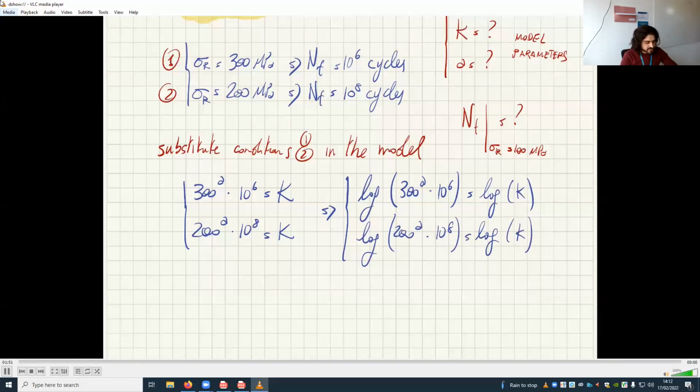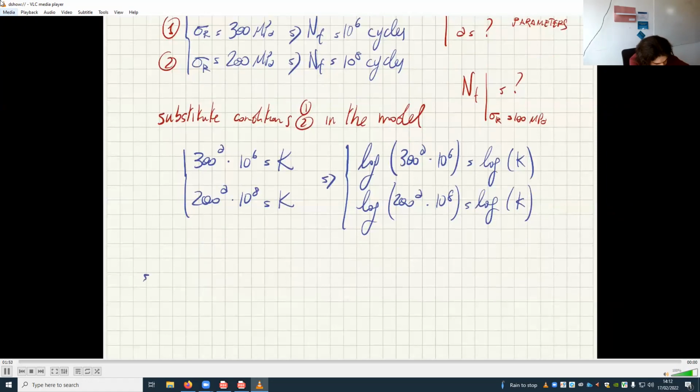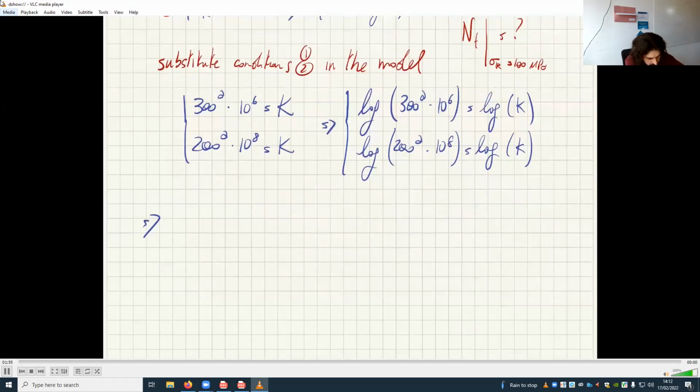And then using the properties of the logarithms, you know that the logarithm of a multiplication is the sum of the logarithms, and the logarithm of an exponential is the exponent times the logarithm of the base.